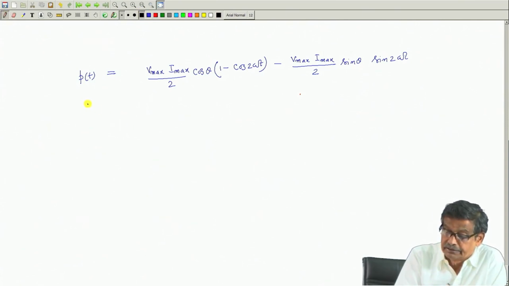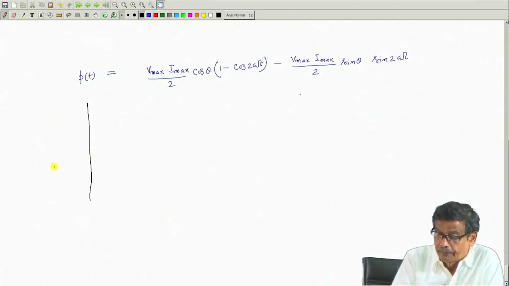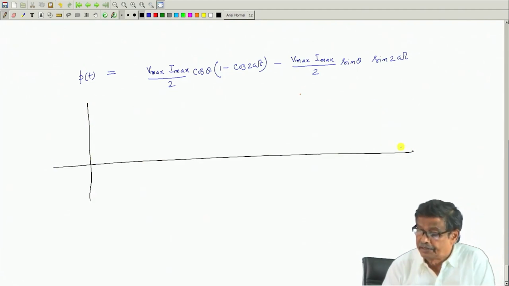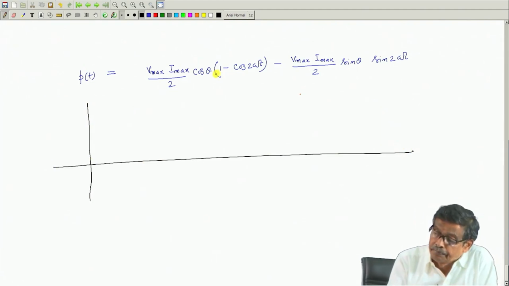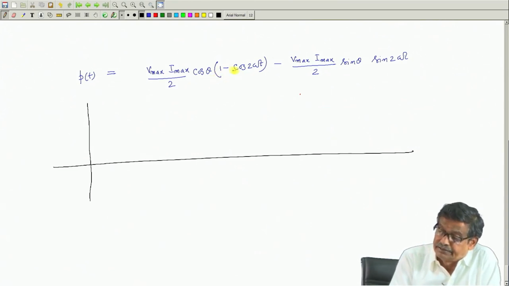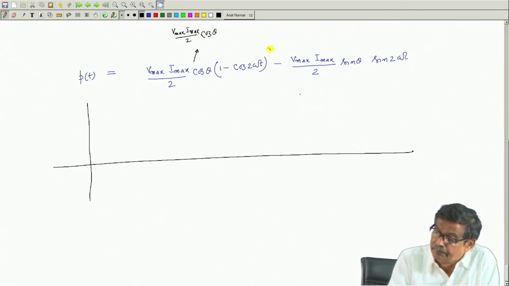So, this is suppose the thing I will do. Now, this term is nothing but V max I max by 2 into cos theta. This bracket I am opening, got the point?